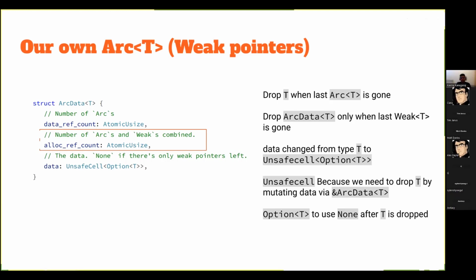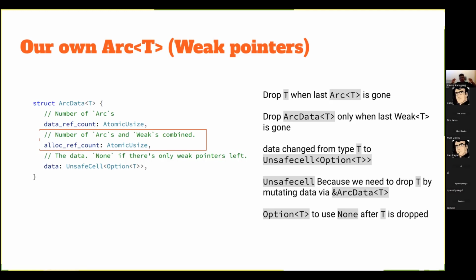Also, the type of the data field has been changed. Before it was just T, now it's UnsafeCell of Option of T. Why? Because when we introduce this Weak pointer, there can exist an ArcData, this struct, with no data. The data can be freed. Whenever this happens, we need to mutate this data field and change this Option to None.